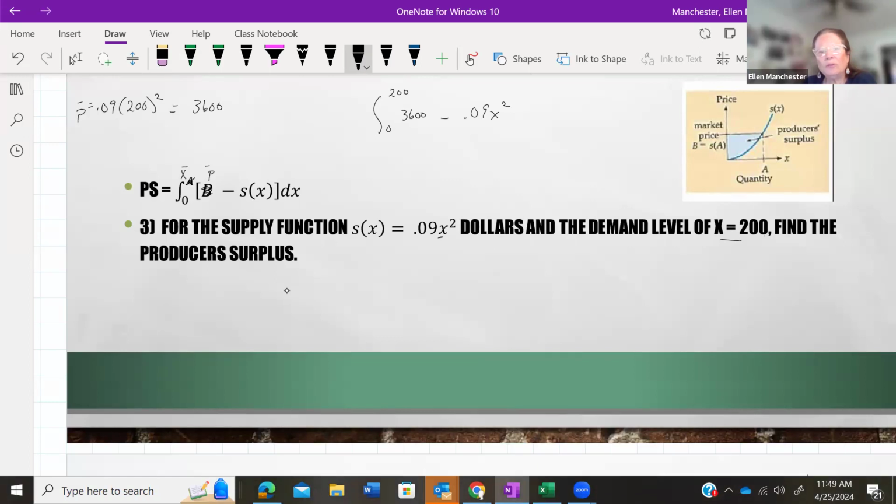So there's no simplifying, right? I don't have to worry about pushing that negative through because it's already there. So now we're set. Now go ahead, find the antiderivative, and then evaluate between 0 and 200. And then put your answer in chat again.